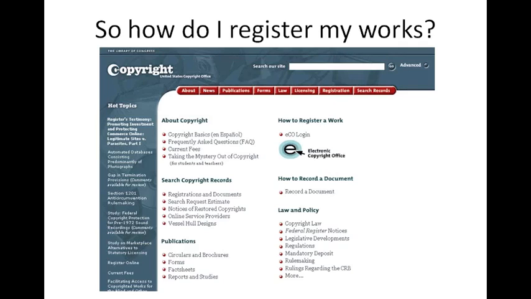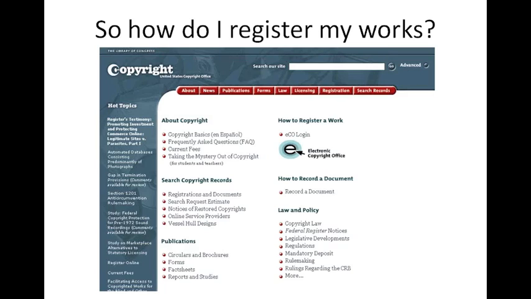So how do I register my works? Here's a screenshot of the Copyright Office website, which is very easily found at copyright.gov, G-O-V. This is fairly straightforward. The Copyright Office has gotten a lot better in providing their materials. Like the Trademark Office, they've certainly tried to do things online.